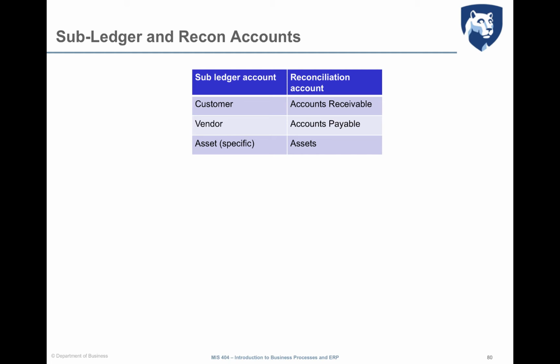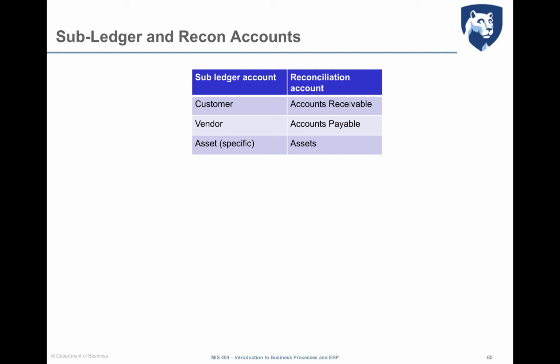So, even though it is necessary to track sales and payments separately for each customer, it's not necessary to include each customer account in the general ledger. Similarly for vendors, data about vendors are maintained in separate accounts, one for each vendor, and not all these accounts are included in the general ledger.